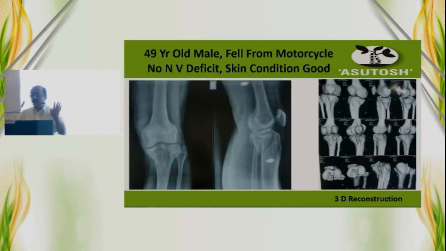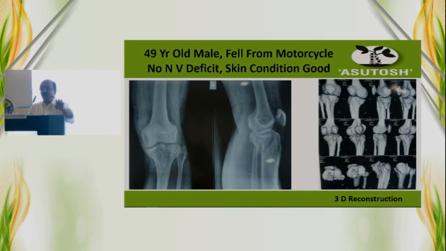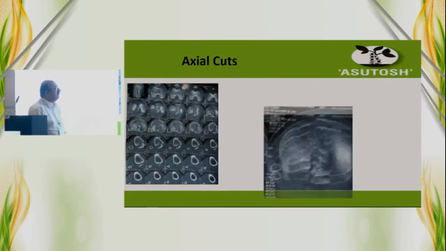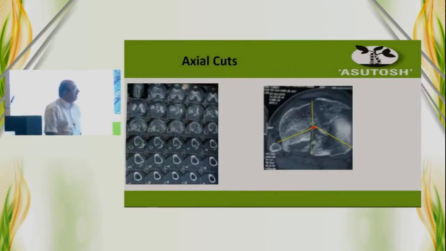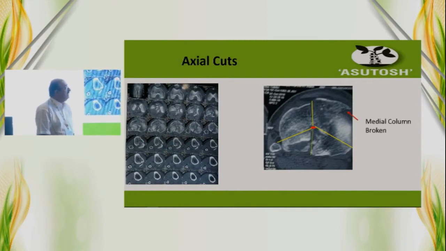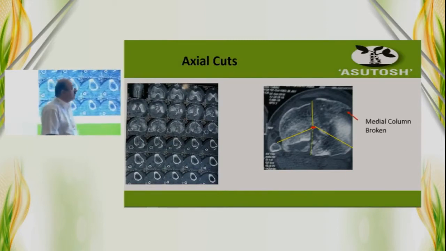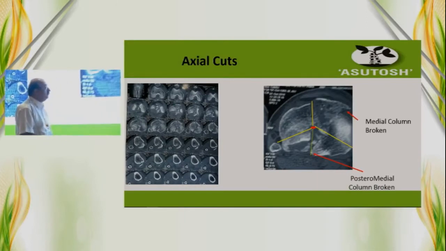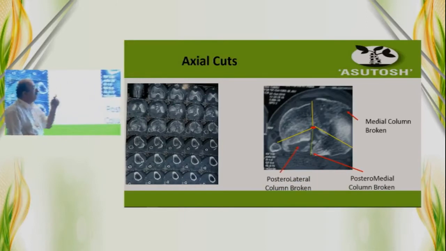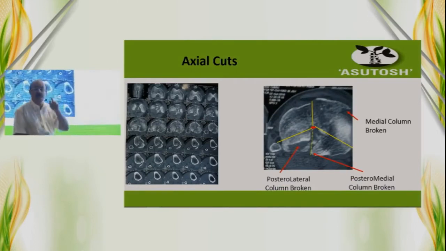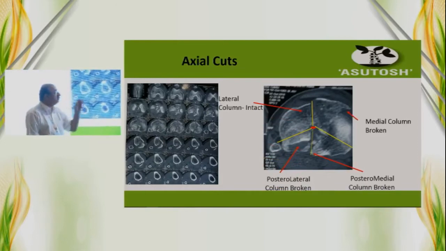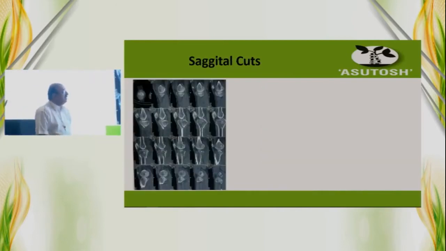Now for a case study: a 49-year-old person, that is the X-ray and the CT scan, that's the axial cut, and I have drawn the lines. Having drawn the lines, I decide the medial column is broken, the posteromedial column is also broken, the posterolateral column is broken and depressed, and there is a virtually intact lateral column.